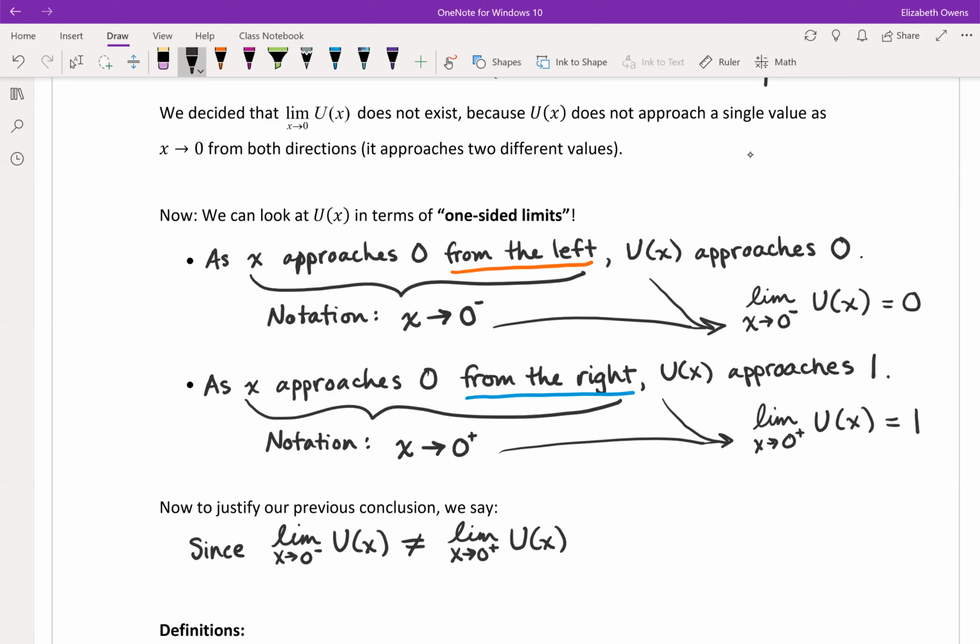We didn't approach a single value. We had two different ones. So since this is true, the limit as x approaches 0, okay, with nothing on it there, this means overall limit. Okay, so the overall limit as x approaches 0 of u of x does not exist.